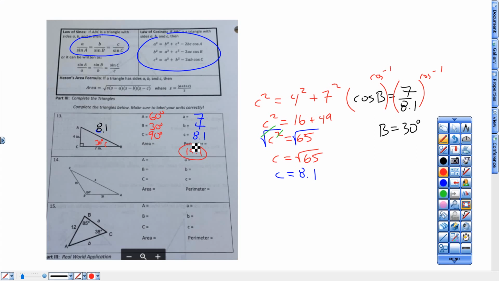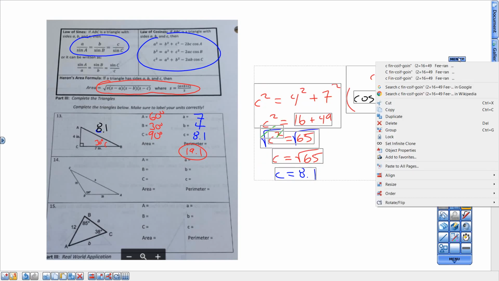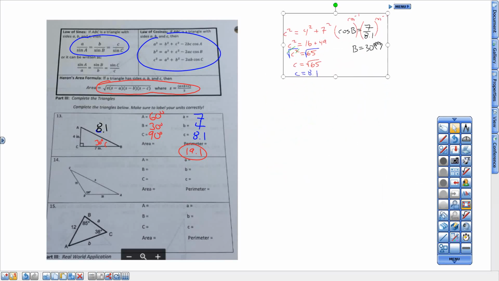And now area, you could either use 1/2 base times height, or you could use this super gnarly formula to find the area. Let's show you how to use that super gnarly formula. All right, so to find my area according to this, I'm going to find S first.